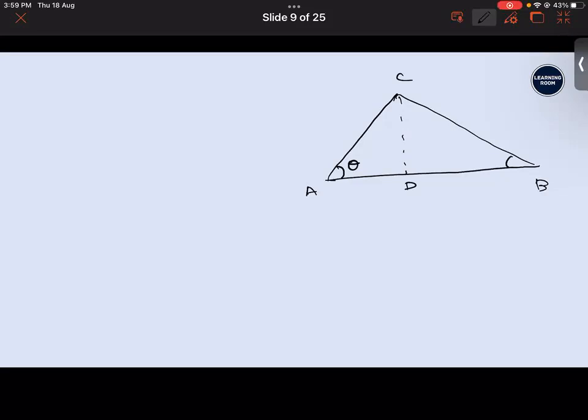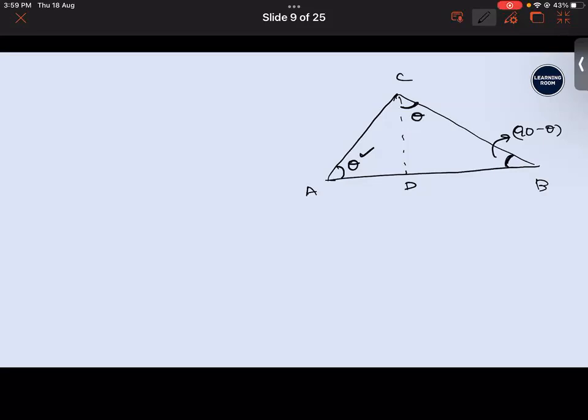Observe, I already did it in the previous case. How much is this angle? I already told you, 90 minus theta. So if this is 90 minus theta, how much will this angle be?